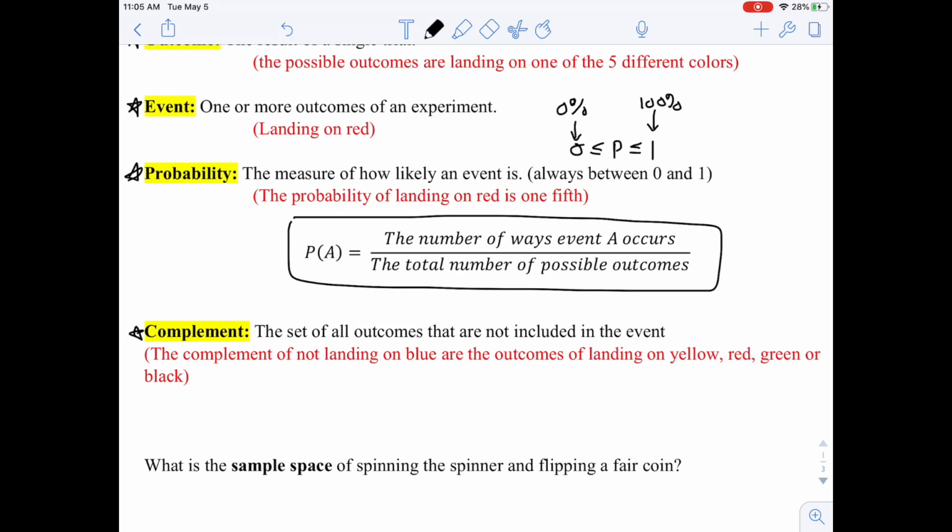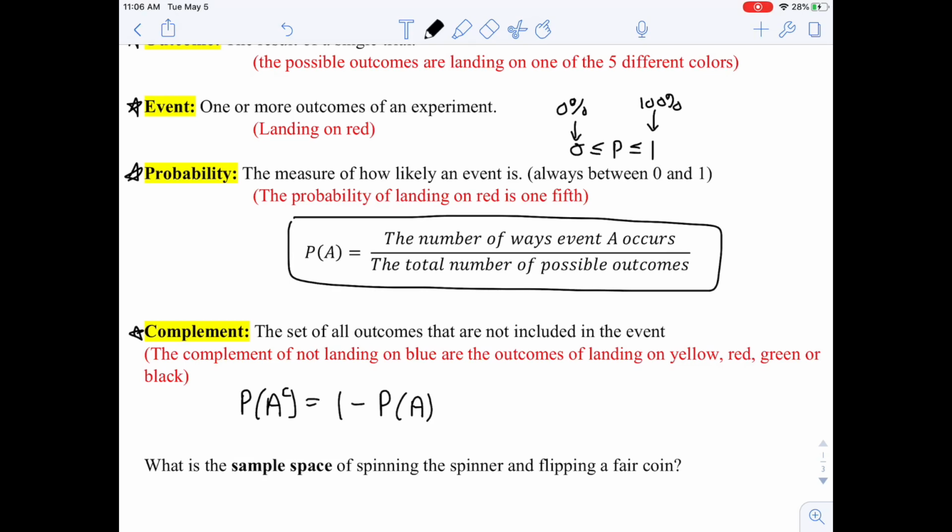So if I ever wanted to find the probability of a complement, and a lot of times you will see that denoted with a little tick mark up there, that's just going to be equal to 1 minus the probability of the event happening. You can also see complement denoted as a little C up above the name there, but it kind of goes back and forth in different spots throughout the time.